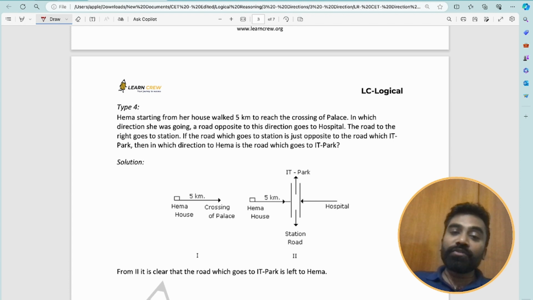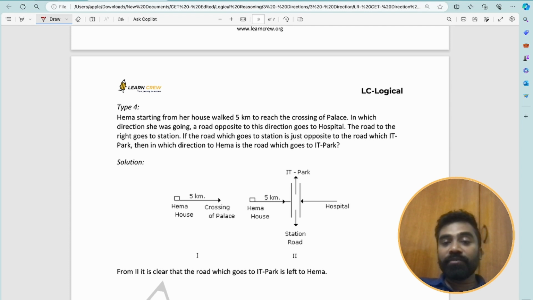If the road which goes to the station is just opposite to the road which goes to the IT park, then in which direction to Hema is the road which goes to the IT park? Let us go slow. Hema, starting from her house, walked 5 kilometers to reach the crossing of the palace. In which direction was she going?